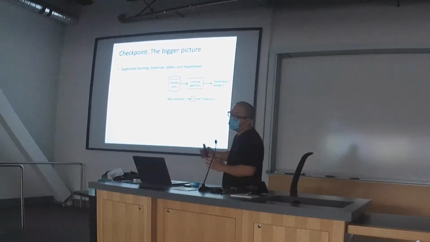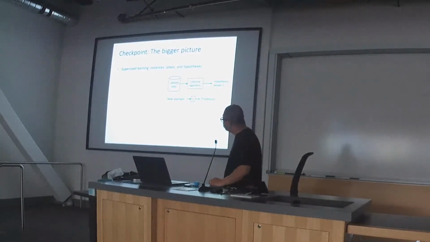The hypothesis space is essentially the family of function candidates our learning algorithm is going to search over. Given the labeled training set, our learning algorithm will search over the hypothesis space and find the best one, and we believe this h is close to the target function. And in prediction, we just use our learned hypothesis to make predictions.